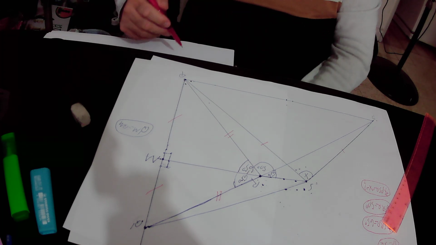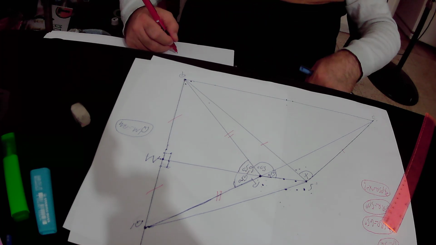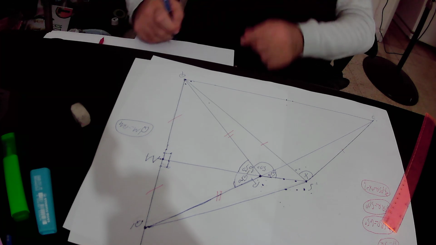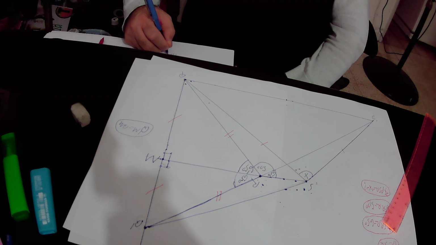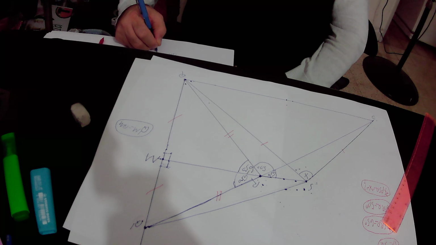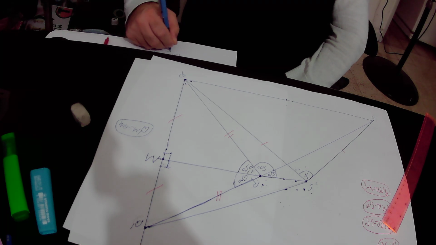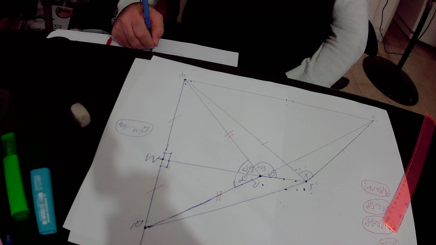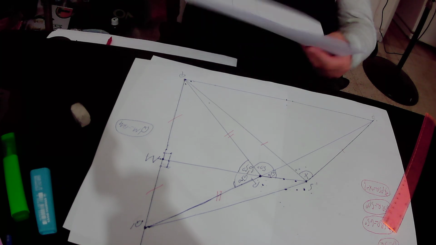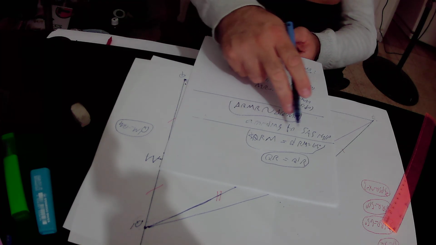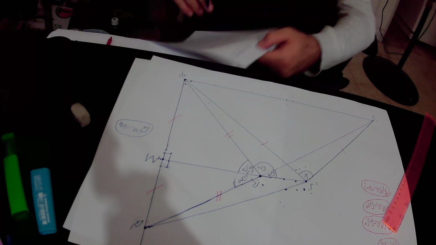So actually QR is equal to Q'R. QR equals Q'R.